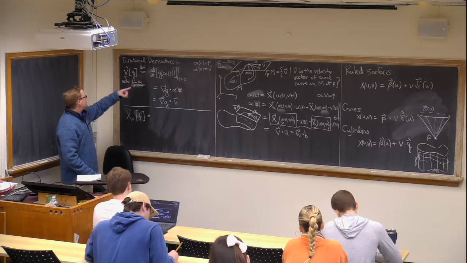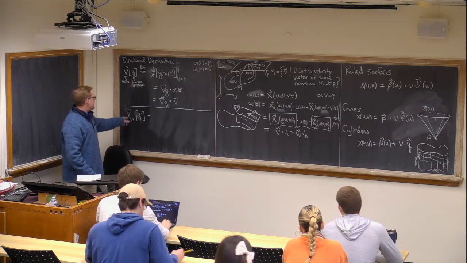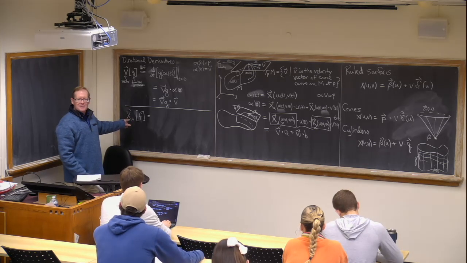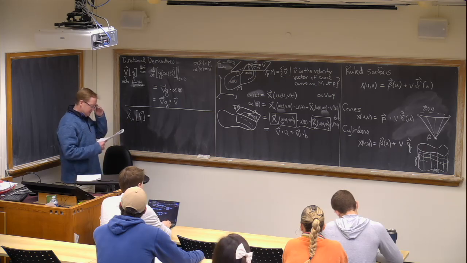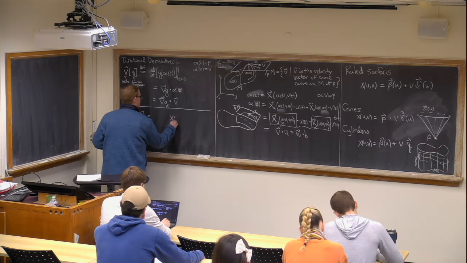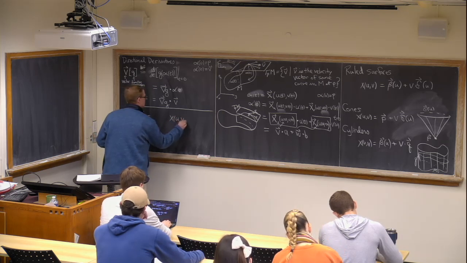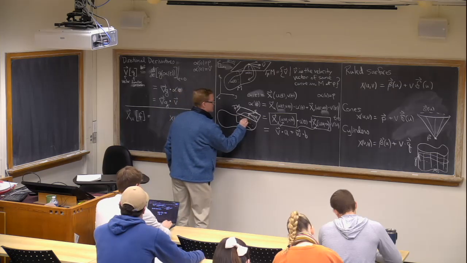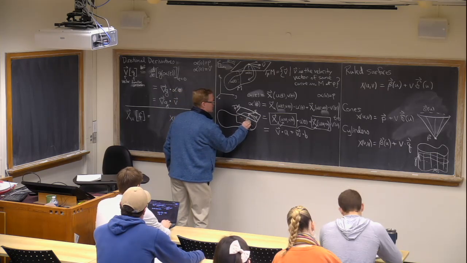Well, we have a definition of directional derivative. What we need to do is find a curve where xu is the velocity vector. Well, the way you do that is, look at this. We'll suppose this point P here is equal to x of u naught comma v naught.